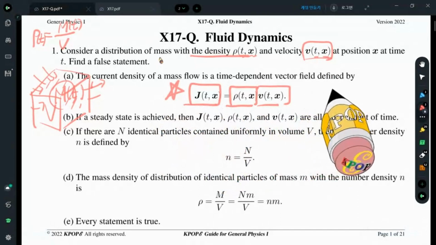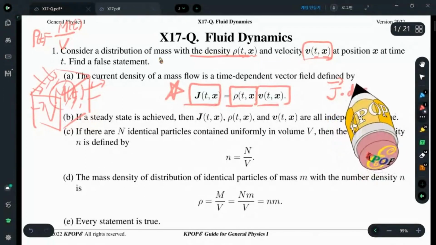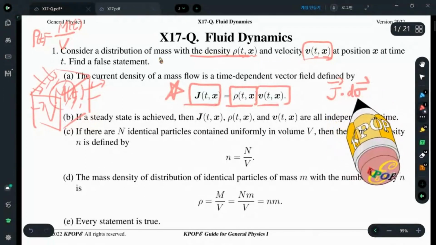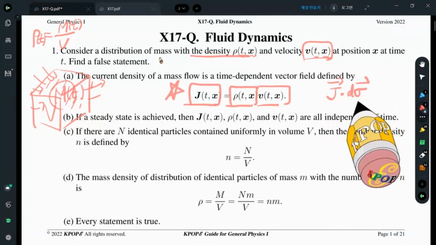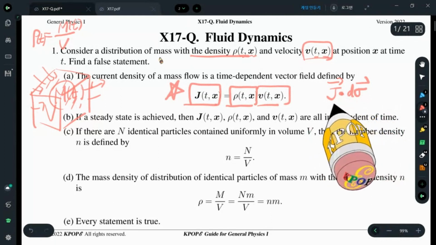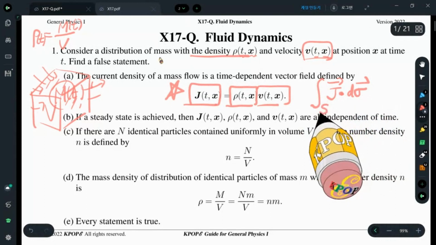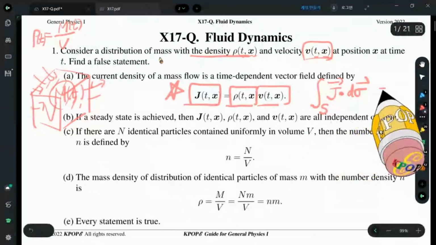Later, we'll find that this current density multiplied by the cross-sectional area, this is the area vector, is a scalar product. It can be integrated over some surface, and then that means the current.